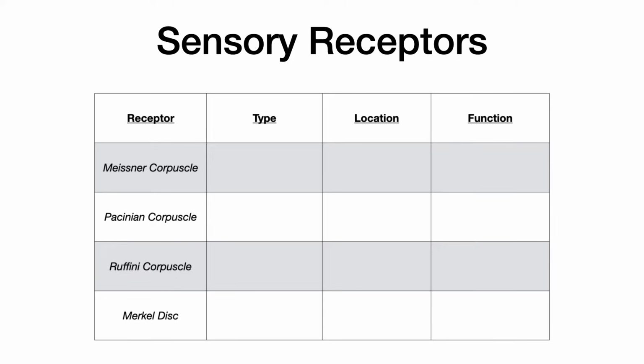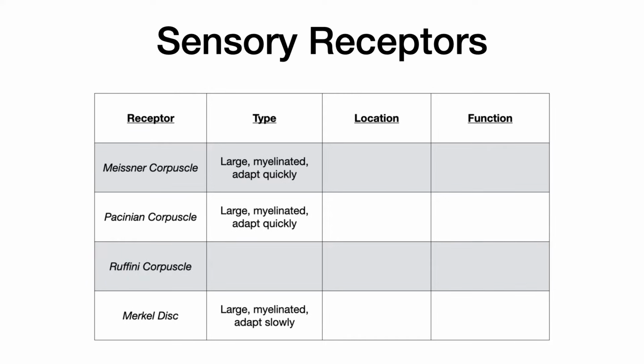Let's start with the first two, the Meissner corpuscle and the Pacinian corpuscle. Both of these are large myelinated corpuscles or sensory receptors that adapt very quickly. So in terms of what type of sensory receptor these are, they're identical. So it makes it a little bit easier to memorize. The one that's closest to this is the Merkel disc.